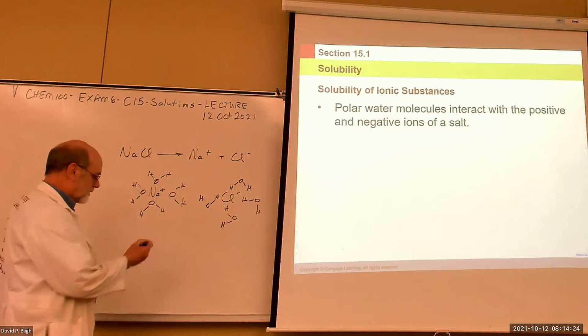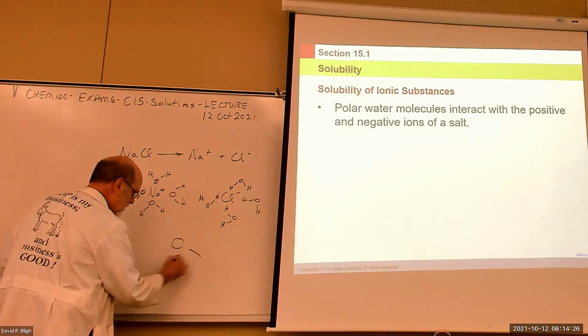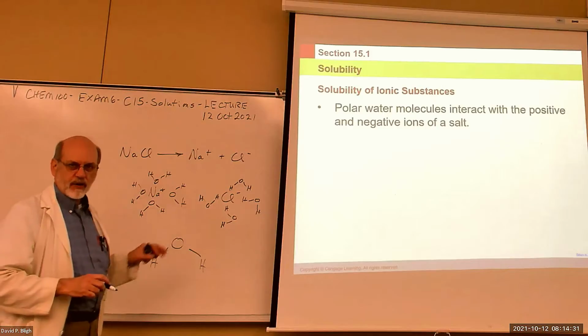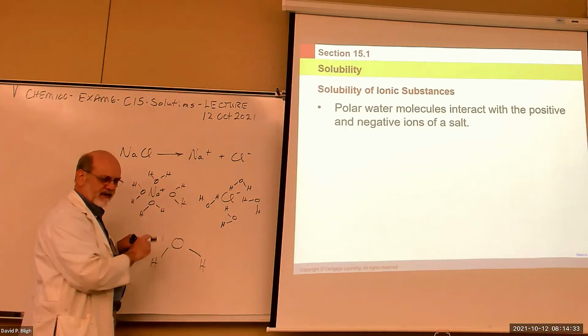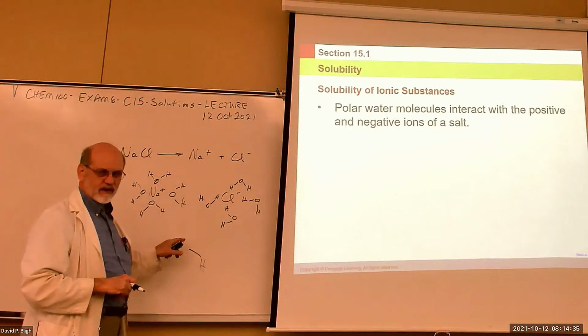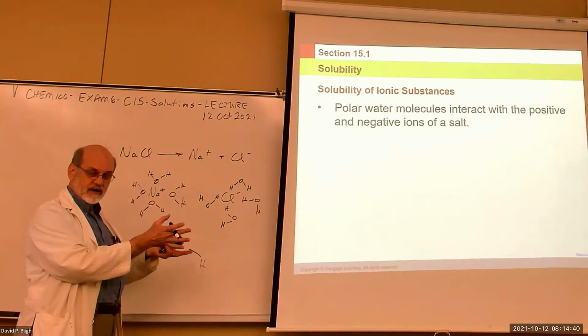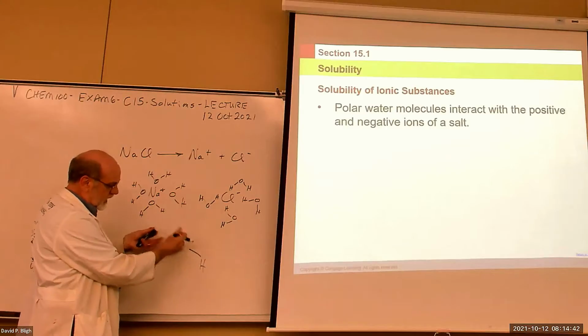And the reason for that is that water is what we call a polar molecule. In other words, the water molecule has polar bonds. In other words, the electrons like to spend more time around oxygen than they do around hydrogen. It's a slight shift of electron density toward the oxygen.